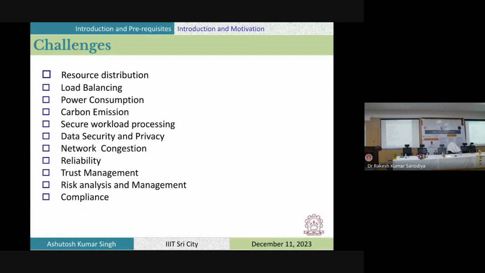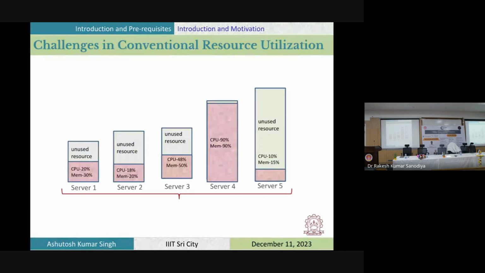So the first challenge we take is resource utilization. Whenever we go for conventional resource utilization, take this example: we have 5 servers, server 1 to server 5, and every server has a different type of usage. For server 1, for example, memory utilization is 30% and CPU utilization is 20%.